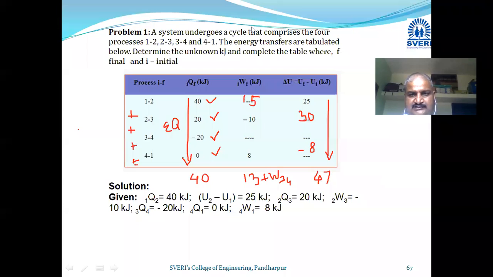Listen carefully. This particular point is very important. That point is that the summation of delta U must always be equal to 0 for a cyclic process.